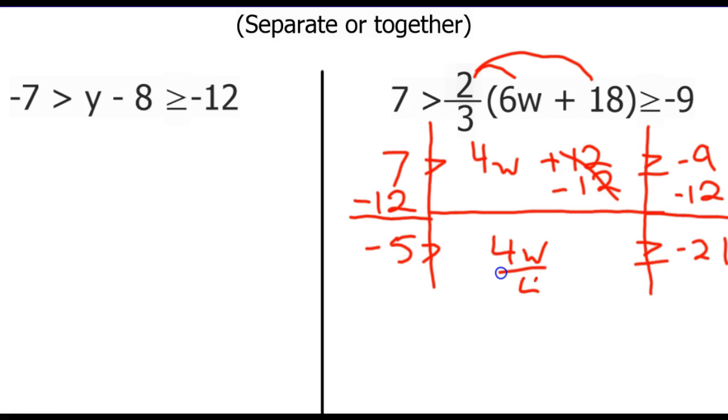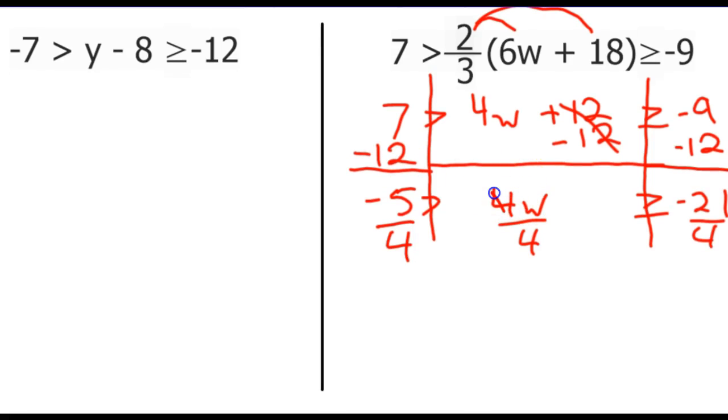Then finally divide by 4. What we get then is negative 5 over 4 is greater than w, which is greater than or equal to negative 21 over 4.